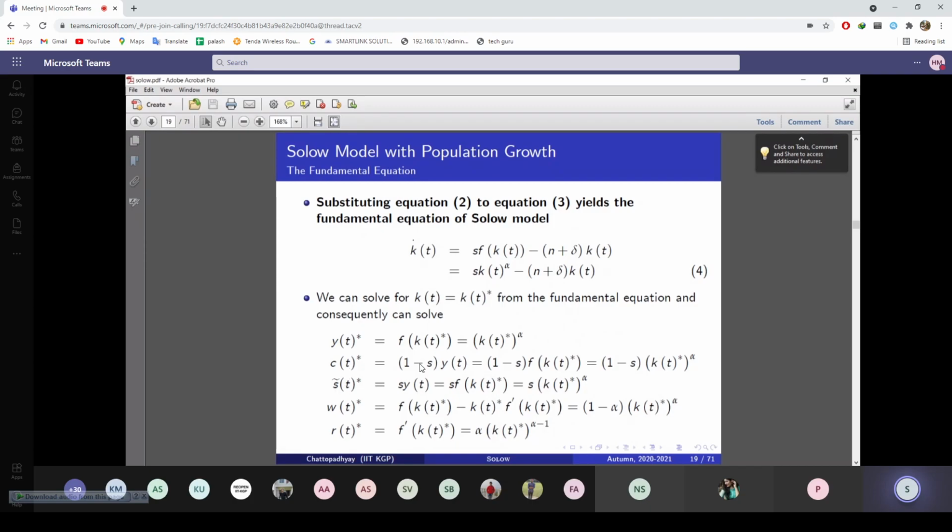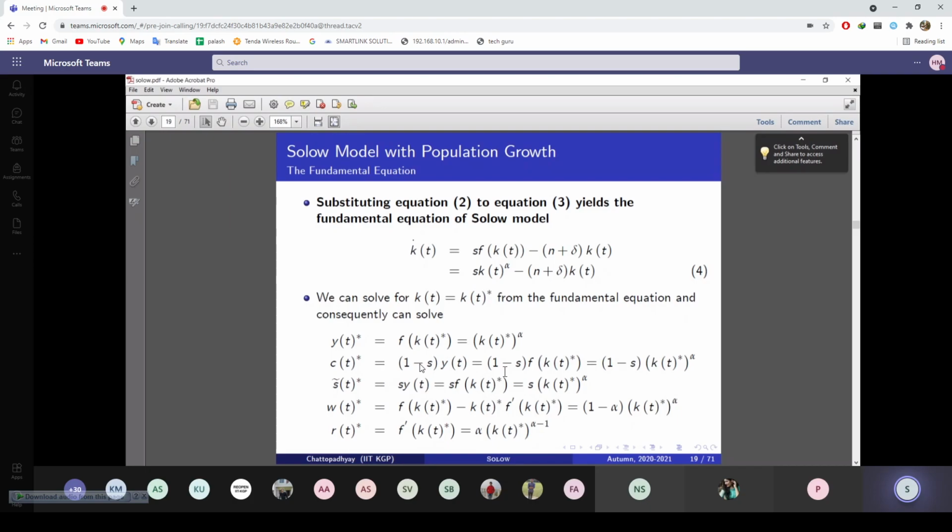So after solving that graph mathematically, we get the time path of capital stock, per capita capital stock over time. It gives me how the time path is converging to steady state, how long it is taking to converge to the steady state.